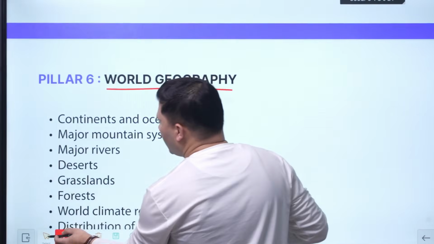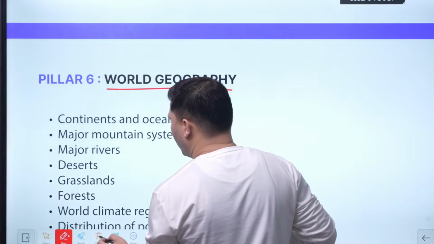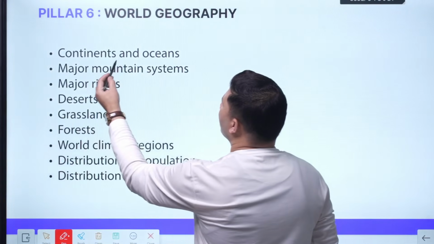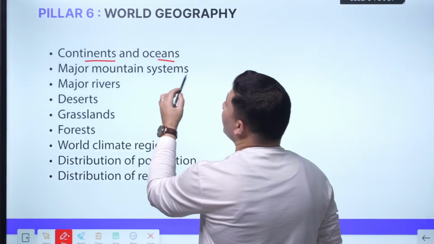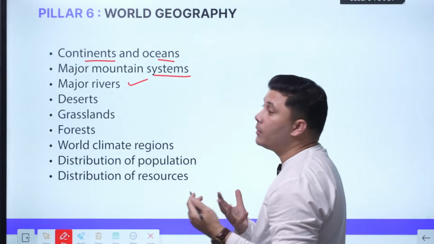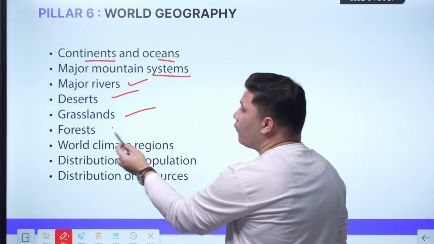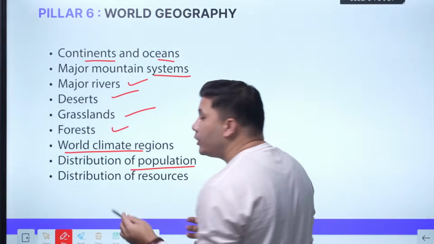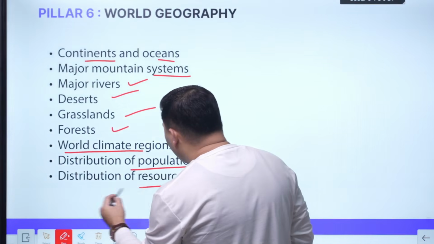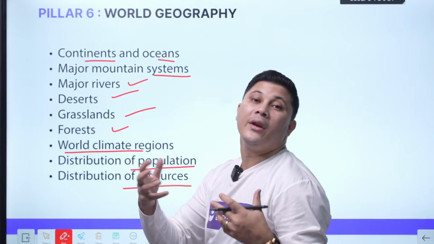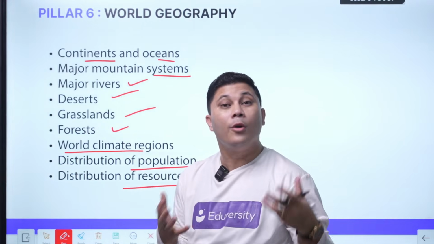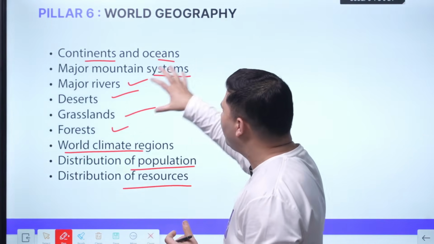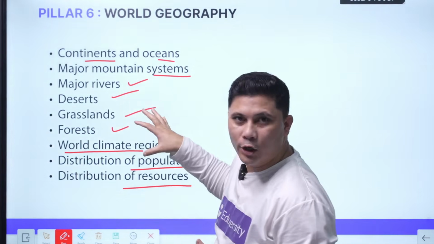First of all, you have to study the continents and the oceans, major mountain systems, major rivers of the world, deserts, grasslands, forests, world climate regions, distribution of population, very, very important, and distribution of resources, primary, secondary, tertiary industries of the world. You got the point, right? Including Southeast Asia, all of these things you will have to study in world geography.